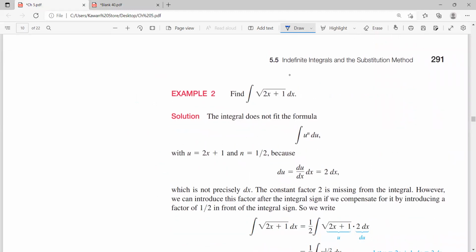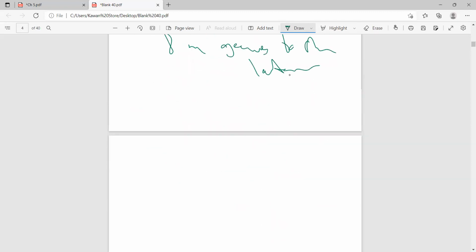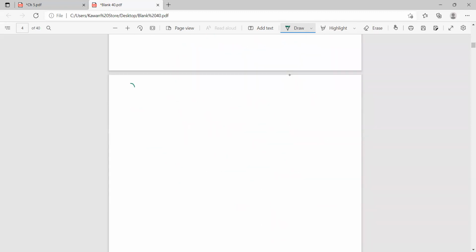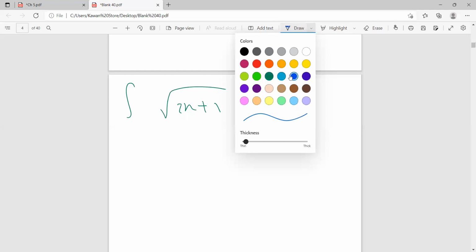Now we have another example, the integral of the square root of 2x plus 1 dx. How we solve that one is very important.